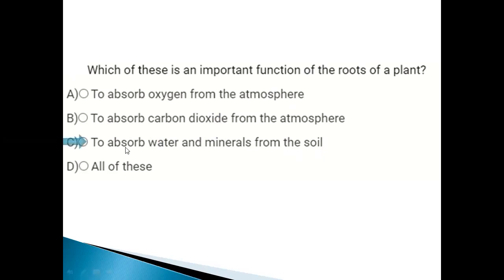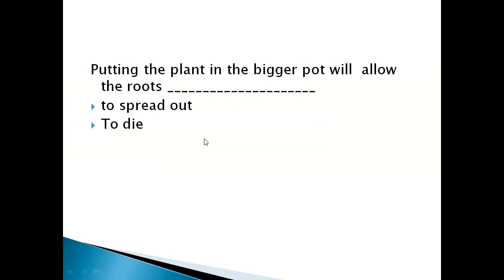What do you think? The main function of the roots is to absorb water and minerals from the soil, not oxygen and carbon dioxide from the atmosphere. So option C is correct.